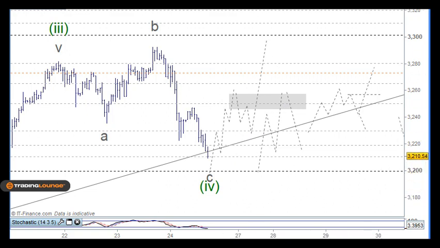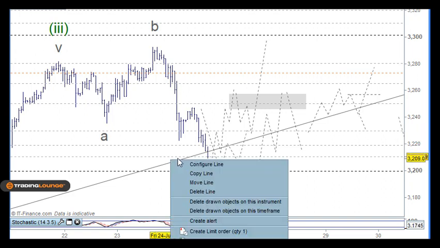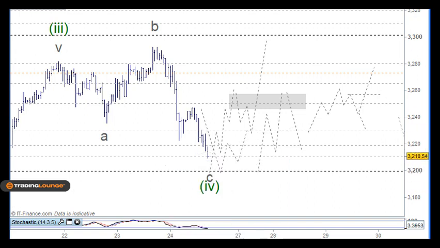Also, let's just say for a moment we don't get the bounce and we're in a big bear market, or the start of a bear market, and it just keeps cascading down for whatever reasons. It might come down here and find itself in here somewhere, and just continue to move down through here.